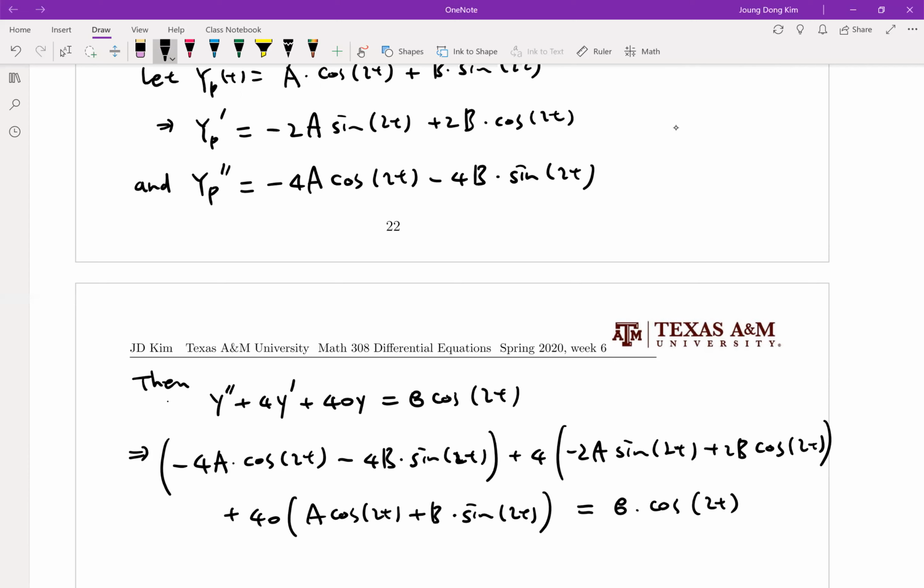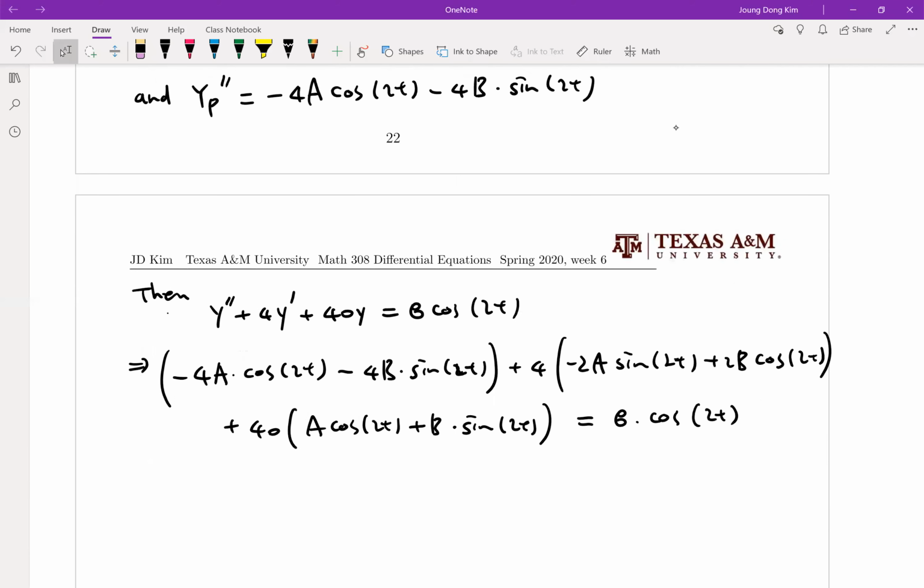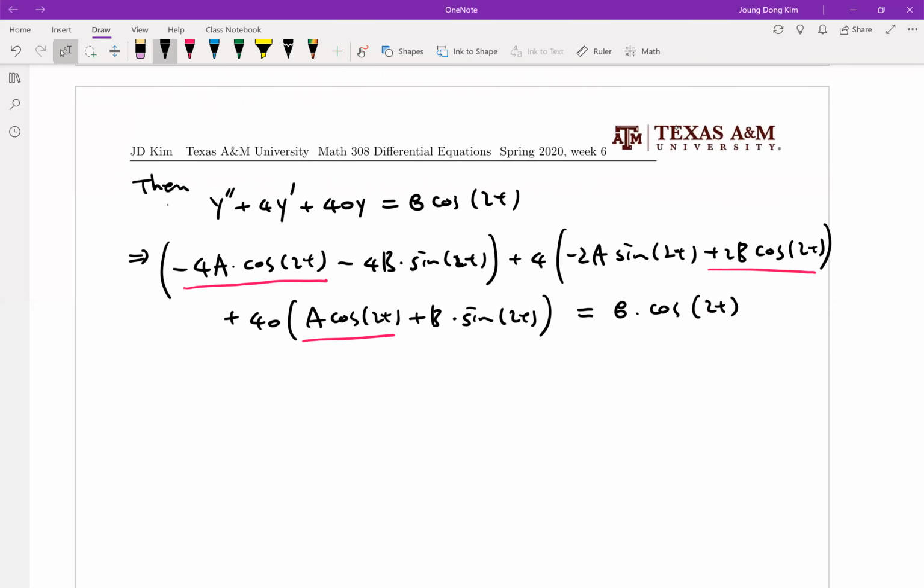Now we have to solve this equation, but it is just a comparison between the left hand side and the right hand side. That's what I keep saying. On the left hand side, I'm going to collect all the cosine terms and sine terms separately. Let me use the red pen for the cosine terms. I'm talking about this one and this one. Be careful, we have coefficients for the second and third terms.